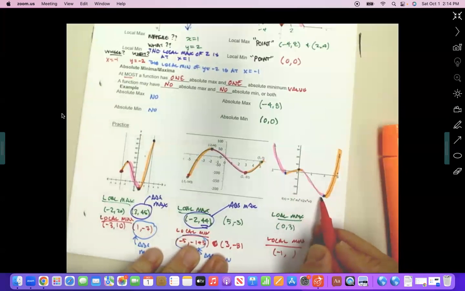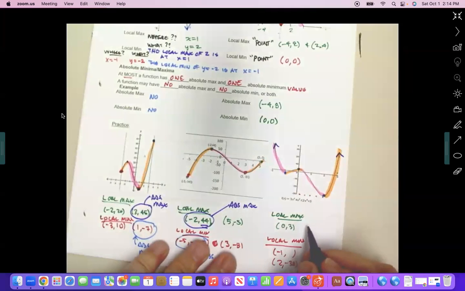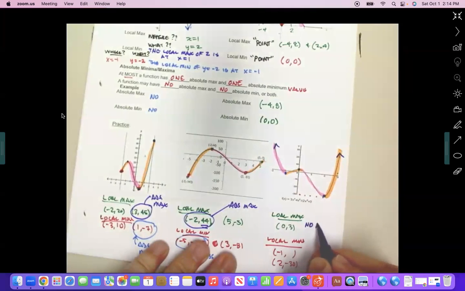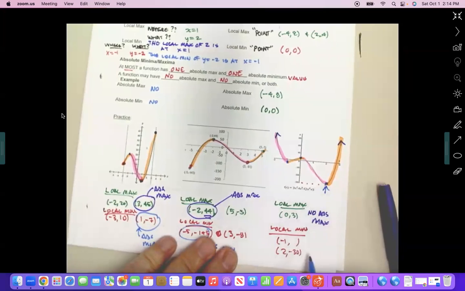And then over here, at x equals 2, we see what appears to be -30. Out of these, we'll get our absolutes. Since both of these arrows are going up to infinity, there's no absolute max, but there is an absolute min, and that absolute min is here at (2, -30).